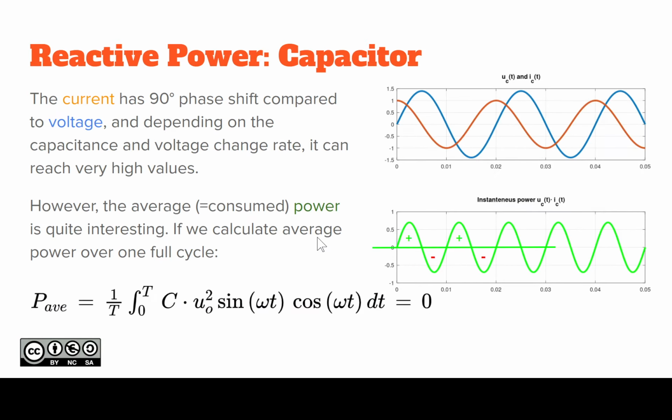There's a lot of stuff here. Current, there's a 90-degree phase shift compared to voltage. Yeah, so it's 90 degrees behind. So current falls behind. As you can see, when we are here, then the current is actually the advance?